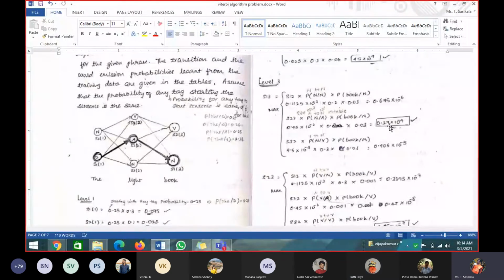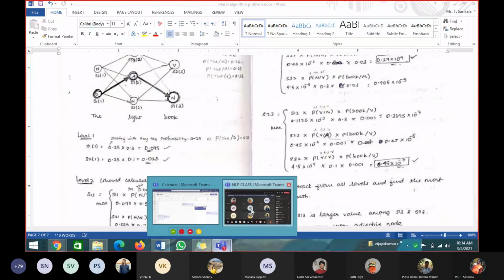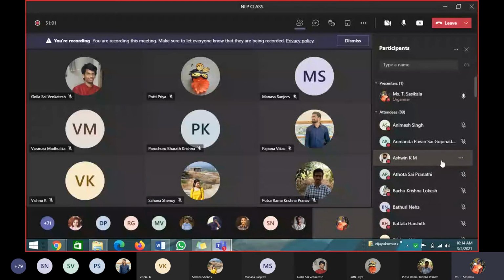Next, is any other combination left over here? No, ma'am. S23 should. Which? S23. In level 3, again we have to go for S23, right? So for S23, what are the 3 combinations? Ashwin, can you tell me what are the 3 combinations for S23?